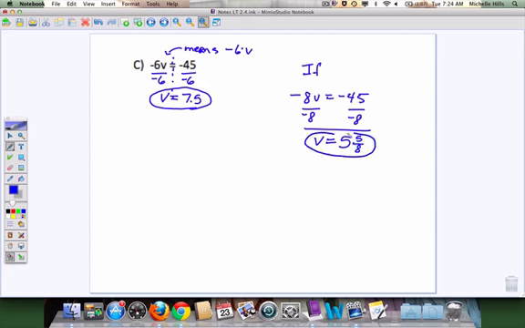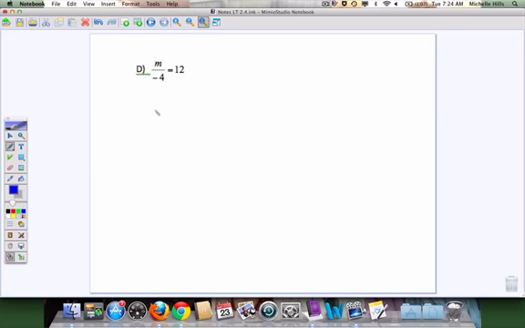So if I get this nice short little decimal that I can just write as a decimal, that's fine. If it's something longer that I would have to round, then I need to write it as a mixed number or a reduced fraction. Now this one looks a little bit different, but the concept is the same.